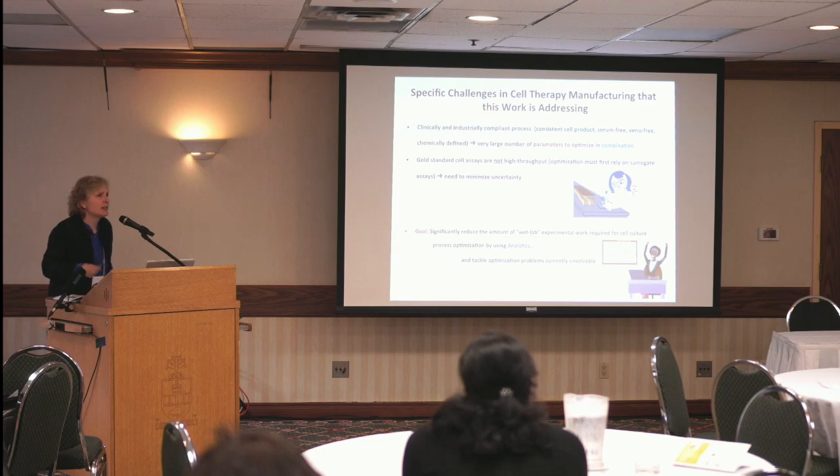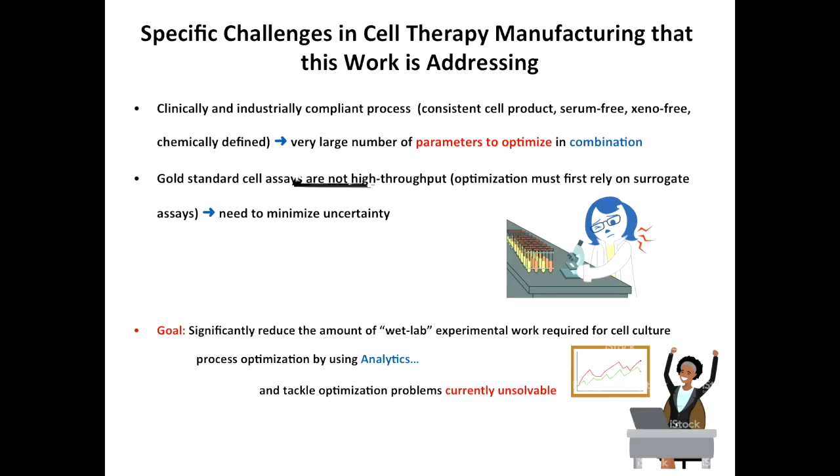This results in a very large number of parameters to optimize in combination, so a lot of experimental work. Unfortunately, the gold standard cellular assays usually are not high throughput. So during the optimization process, one has to rely on surrogate assays.